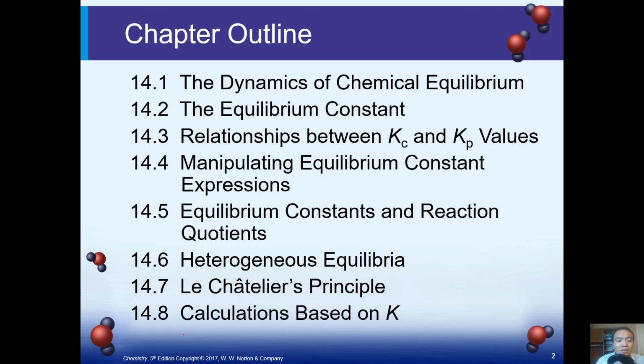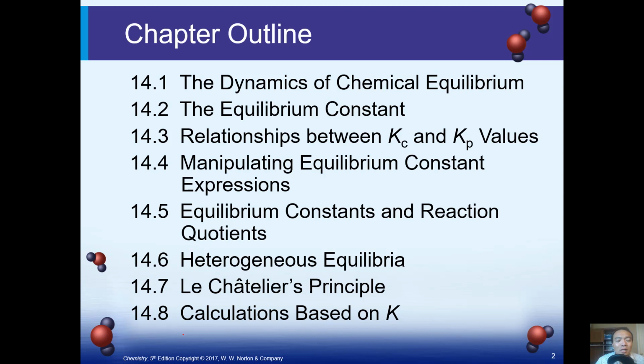Then we'll go on and talk about equilibrium constants and reaction quotients, and use the relationship between the reaction quotient Q and the equilibrium constant K to determine if the reaction is at equilibrium or not. We'll also talk about the so-called heterogeneous equilibria and how to express the equilibrium constant for those types of reactions.